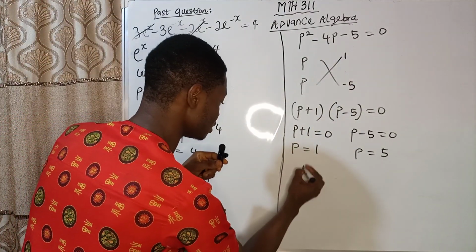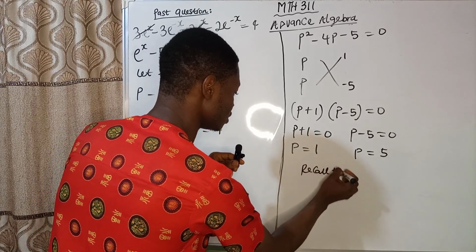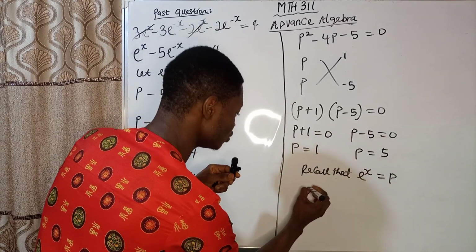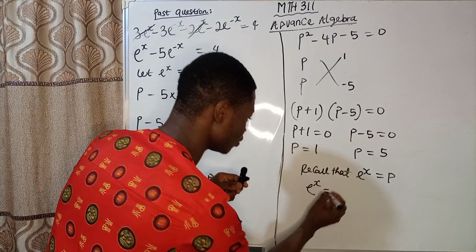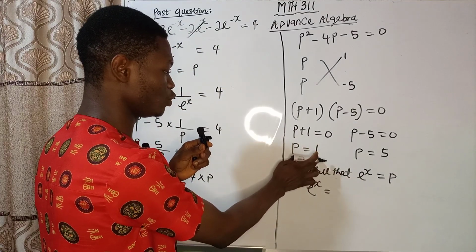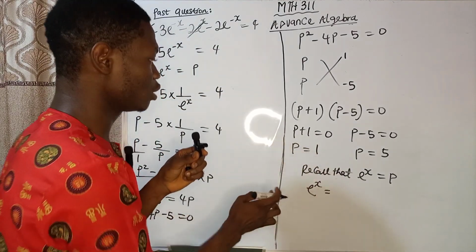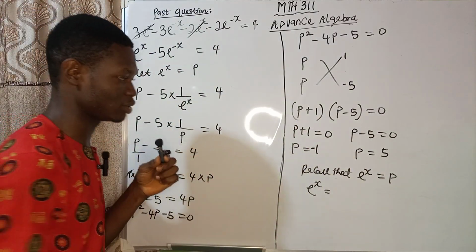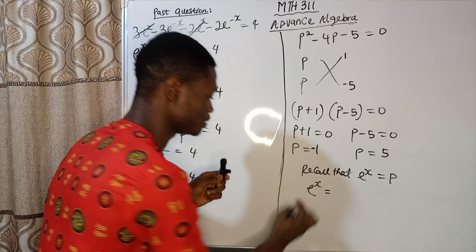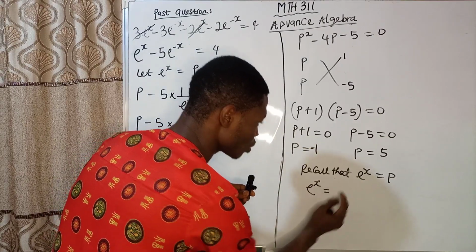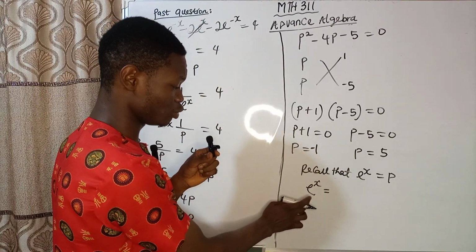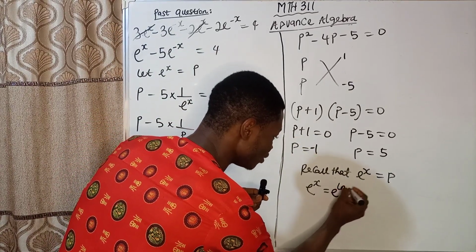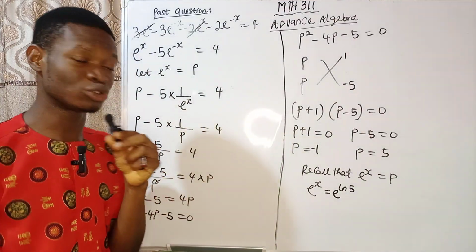Now recall that e^x is equal to p. Let's do it for p equal to 5 first. e^x is equal to 5. What are we going to raise e to so that it will equal 5? Remember that e raised to the power of ln of any number is equal to that number.